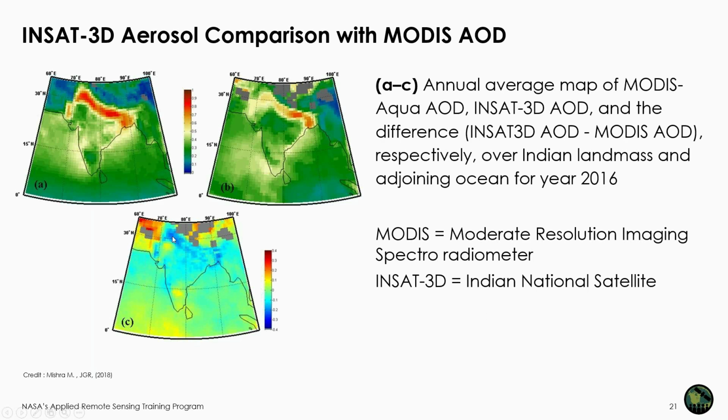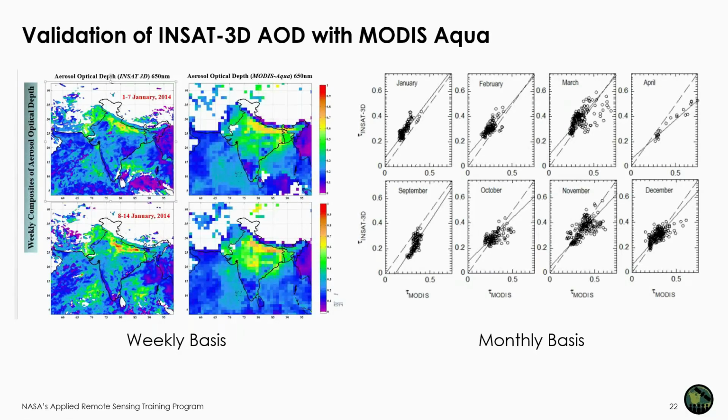However, in this part of the world and over large regions of Central Asia, the INSAT 3D seems to be overestimating aerosol optical depth. Similarly, this is validation of INSAT AOD with MODIS Aqua on a weekly basis. So here also the correlation seems to be quite fine.